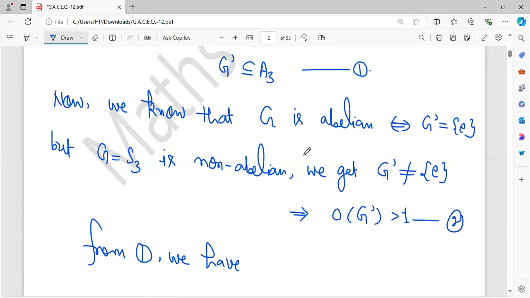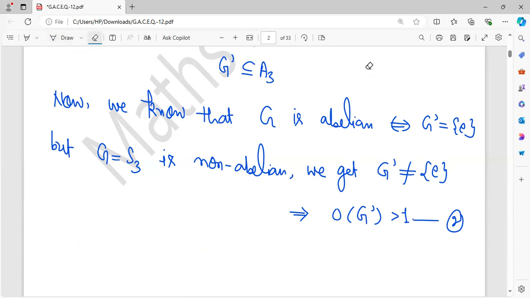Let's call this 2. What is the meaning of this? It means the order of G dash is less than or equal to the order of A3, that is 3.